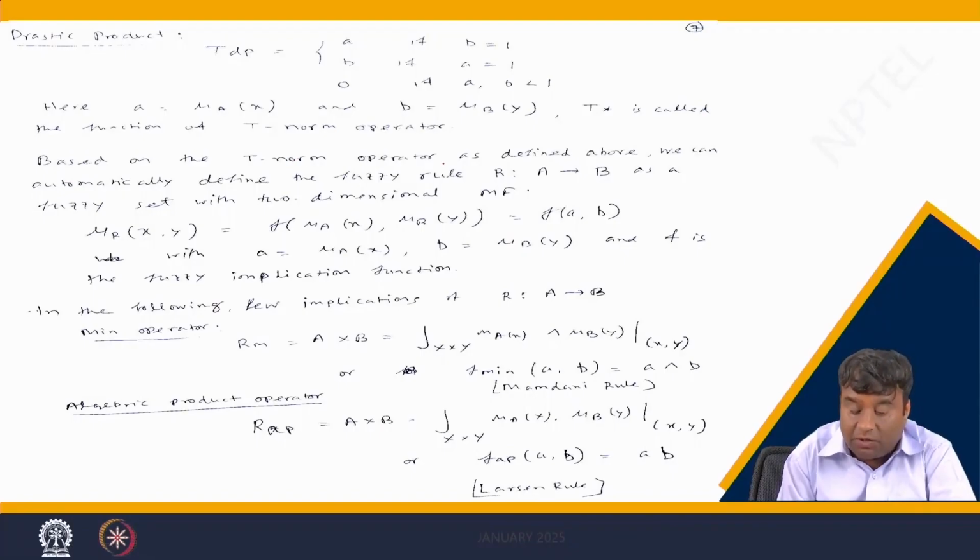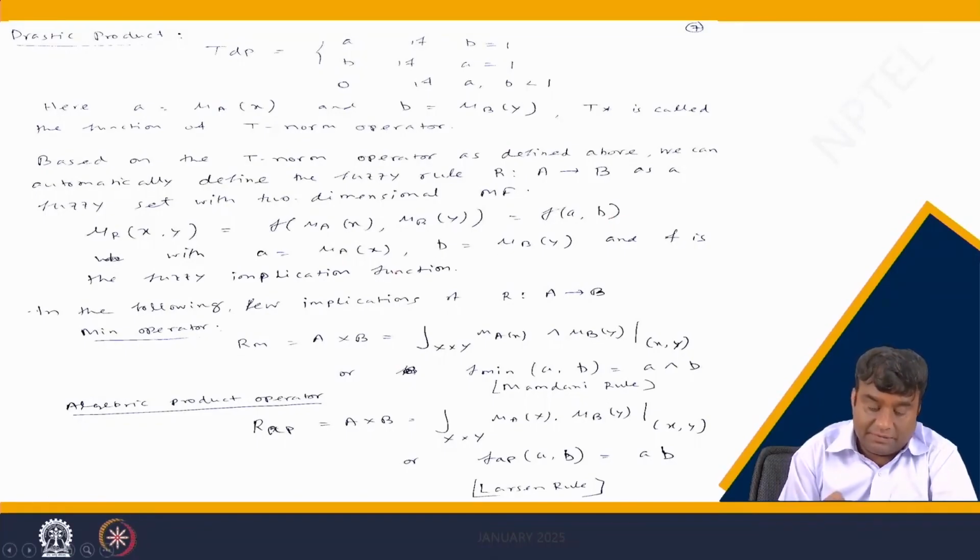Based on the T-norm operators defined above, we can define the fuzzy rule R(A, B) as a fuzzy set with two-dimensional membership function mu R(x, y), a function f of mu A(x) and mu B(y). We are writing it f(A, B), where A means mu A(x) and B means mu B(y).